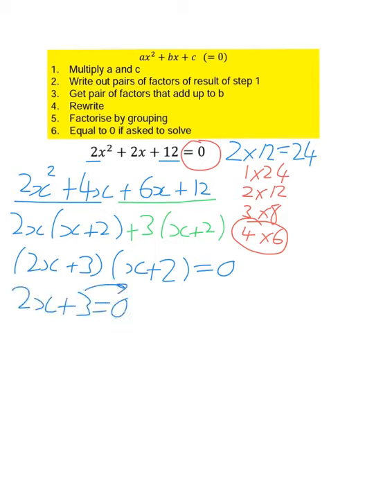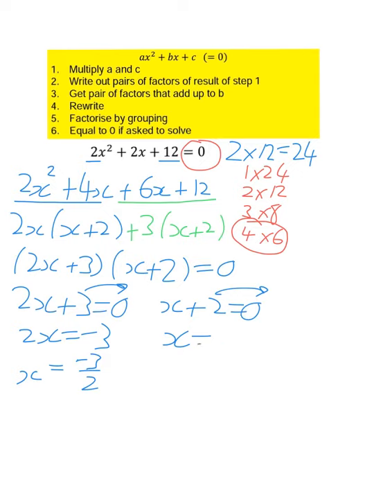Let's bring the 3 across. 2x equals minus 3. So x equals minus 3 over 2. The other bracket then we have x plus 2. So x plus 2 equals 0. Bring the 2 across. x equals minus 2. So our two answers are x equals minus 2 and x equals minus 3 over 2.